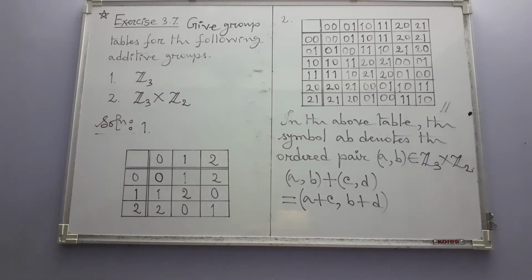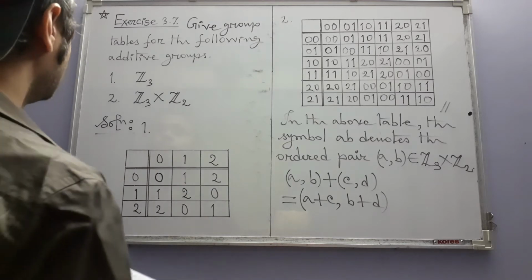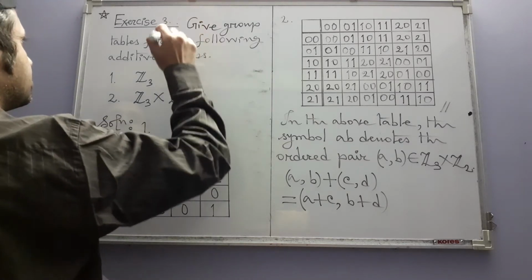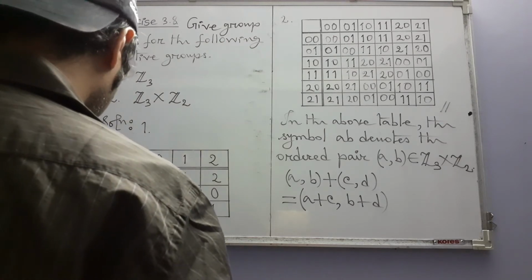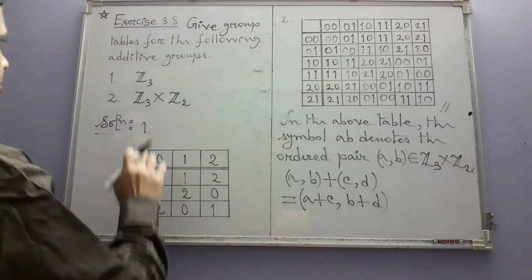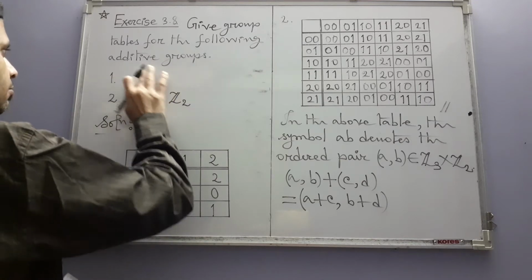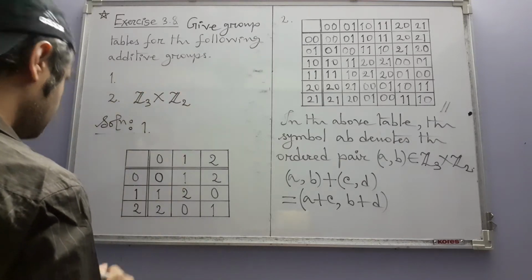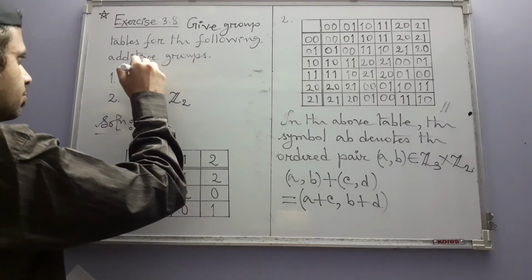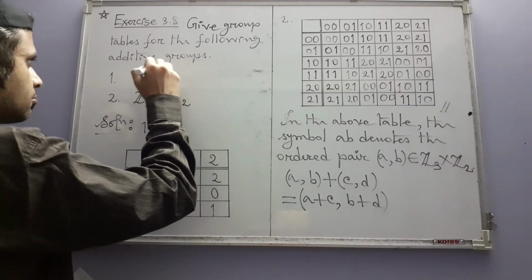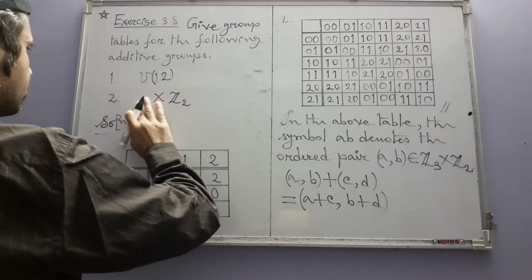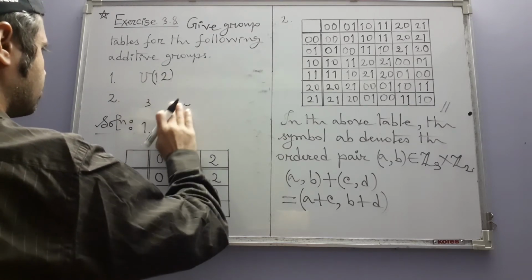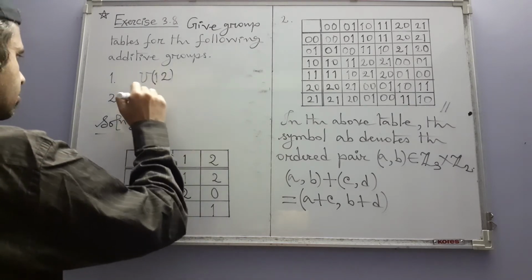So let us next see. The next one is also similar. 3 8. Give group tables for the following groups. This time we have U12 and S3.